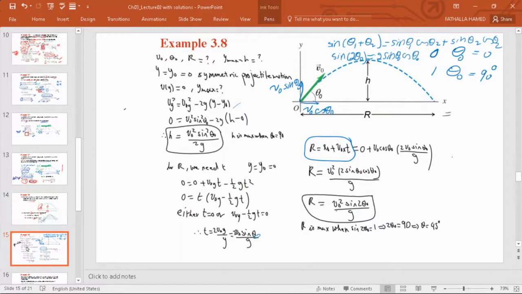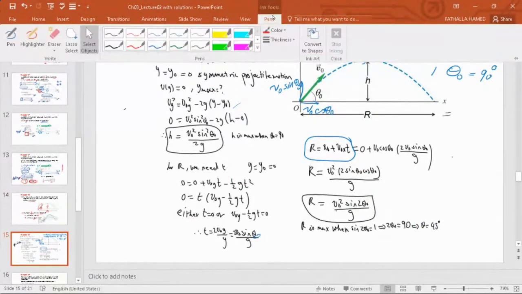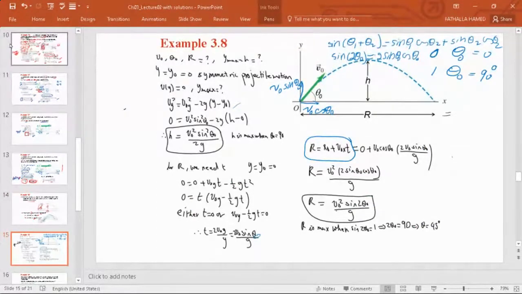Now, in general, what you do is you choose your x and y, and you're given v0 and theta 0. So you take your x component, which is v0 cosine theta 0. Your y component is v0 sine theta 0.